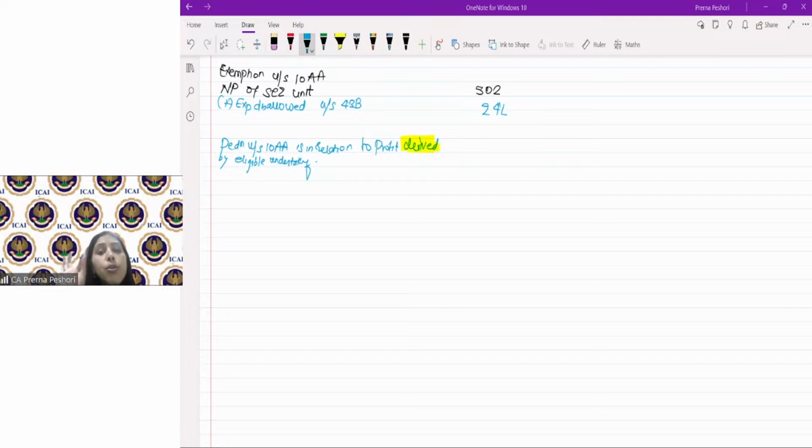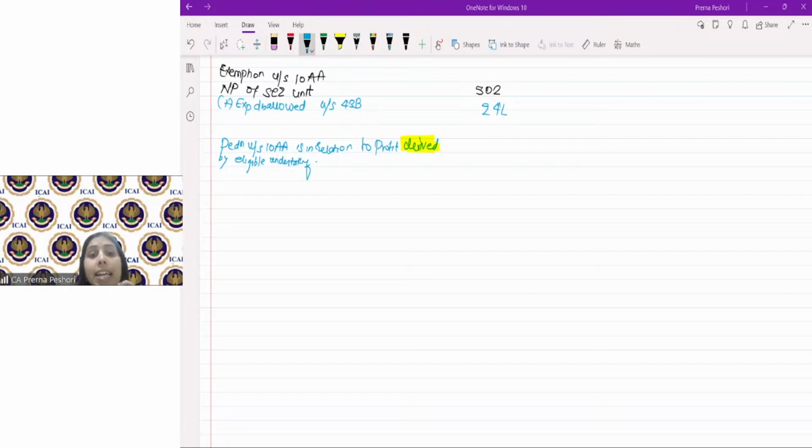And therefore, the duty drawback receipt will not form part of the profits derived from the eligible business. Duty drawback will not form part of the profits derived from the eligible business. Are we clear?